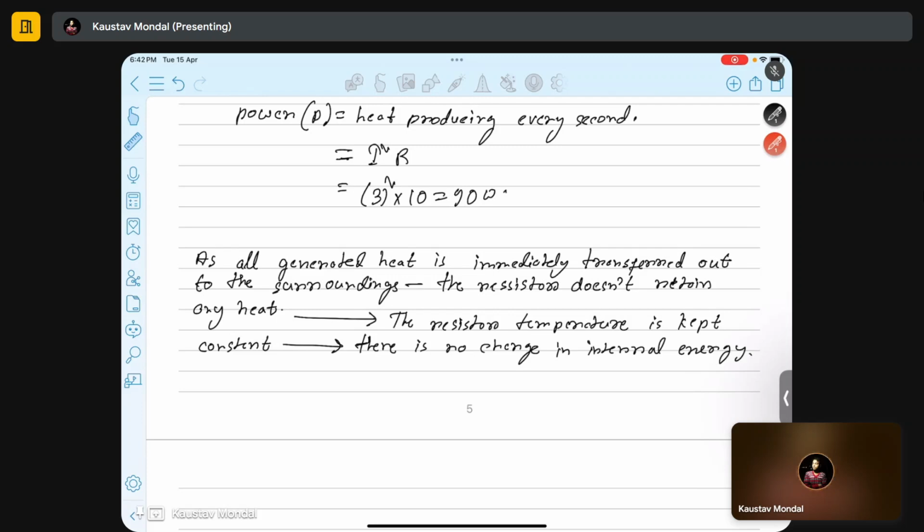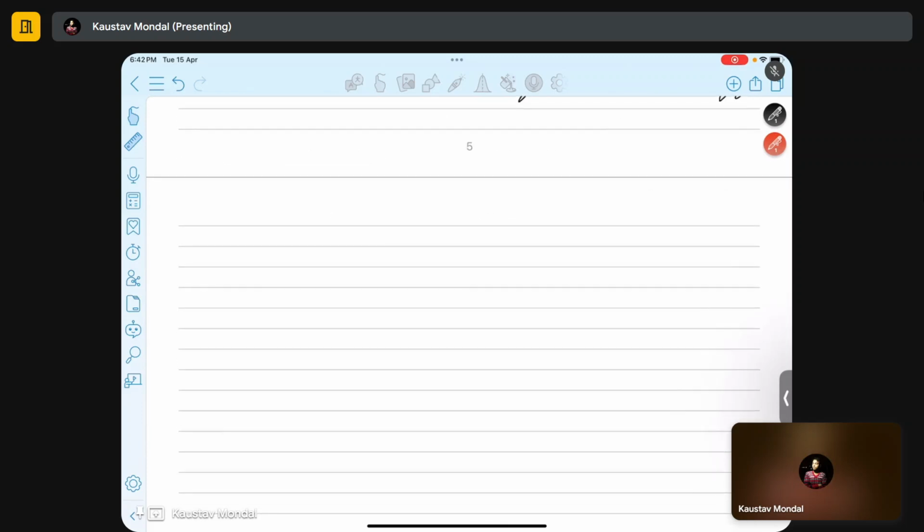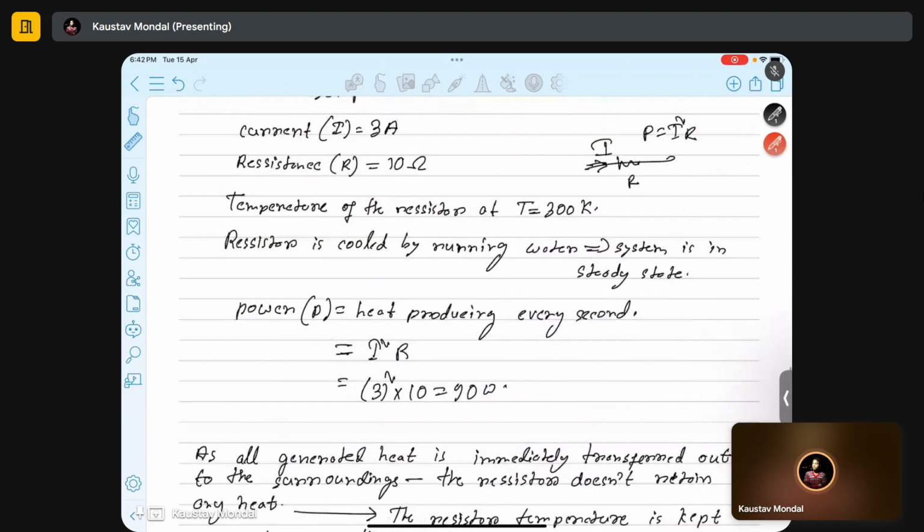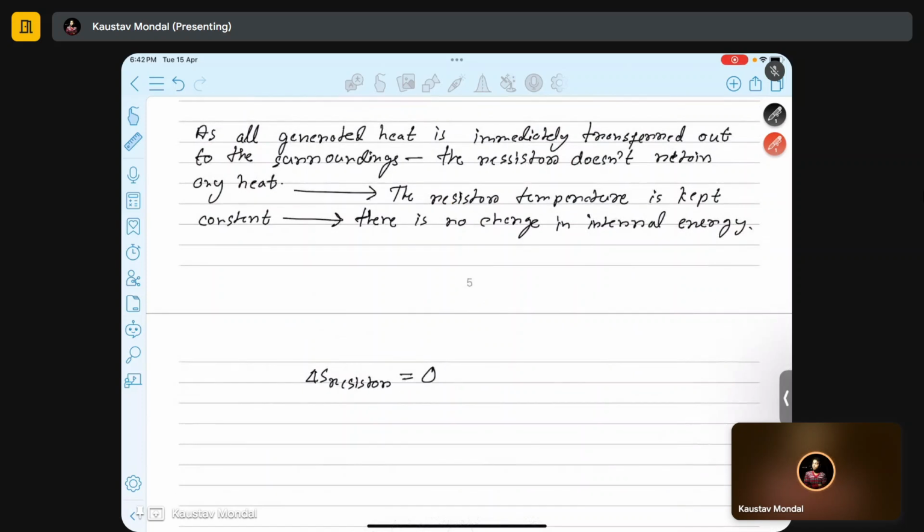So that means delta S of the resistor will be equal to 0. So for the resistor there will be no change in the entropy. Delta S of the resistor will be simply 0.